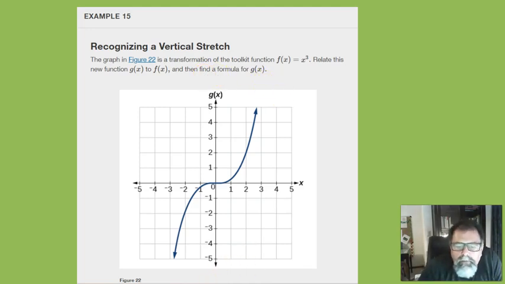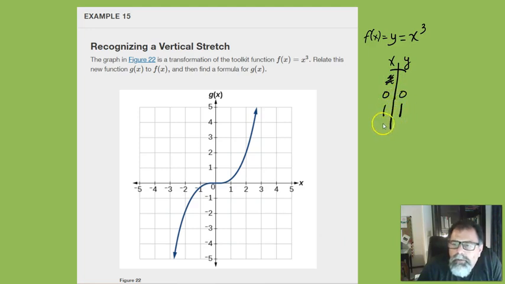So if you recall, our toolkit function y equals x cubed, or you can call this f of x, remember, y is f of x, is going to be 0, 0, 1, 1, 2 cubed is 8. And then if we do -1 cubed, it's -1. -2 cubed is -8. So 0, 0. Here, let me do it in red. 0, 0, 1, 1, 2, 8.